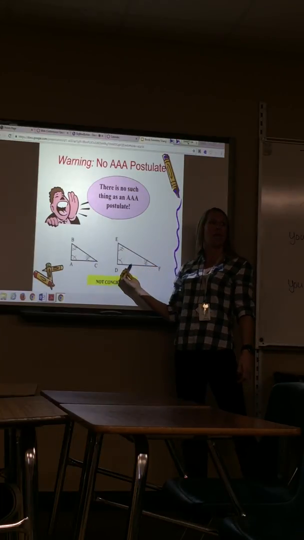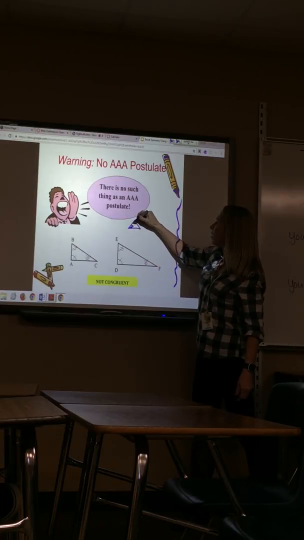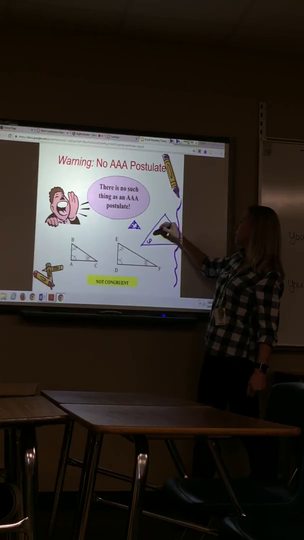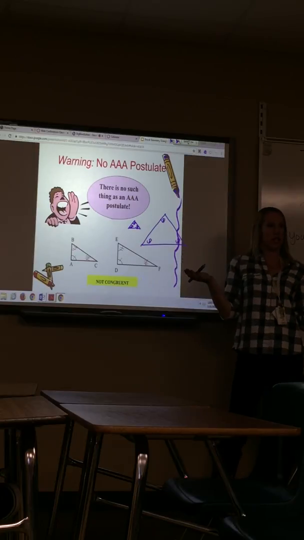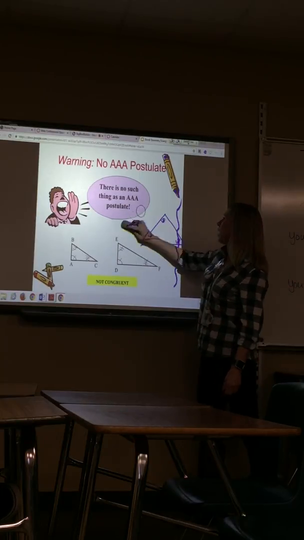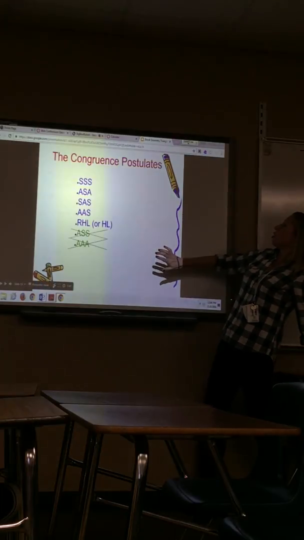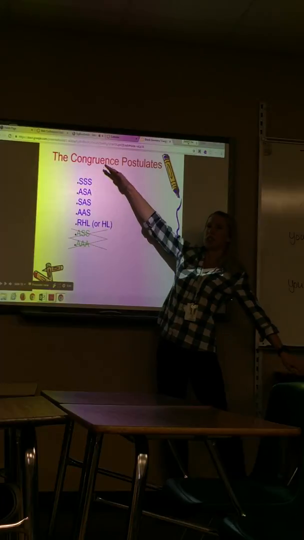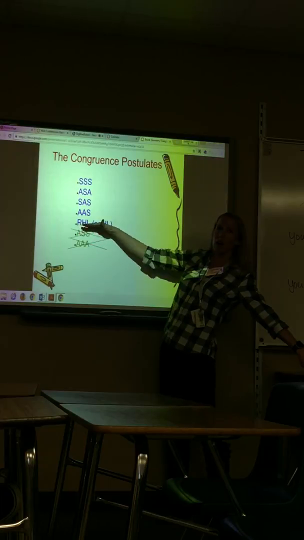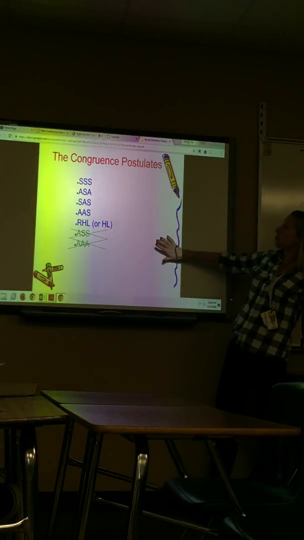The reason you cannot prove triangles congruent by AAA is that you could have a teeny tiny triangle where all the angles are 60, and a great big triangle where all the angles are 60, but those triangles would not necessarily be equal. So the ways to prove triangles congruent are: side side side, side angle side, angle side angle, angle angle side, and RHL or HL. You can never prove triangles congruent by ASS or AAA.